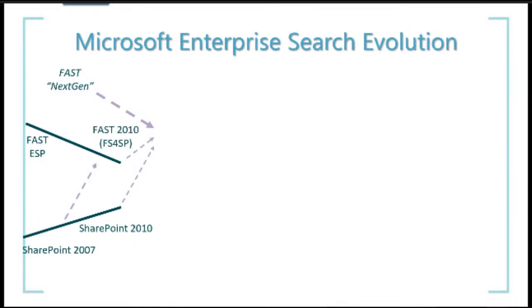Back in 2008, Microsoft acquired a company called Fast Enterprise Search, and at that time the version of SharePoint was 2007, and the goal of this acquisition was to improve search in SharePoint and to provide a real enterprise search solution in SharePoint. So therefore, after this acquisition, Microsoft started to integrate fast search into SharePoint.